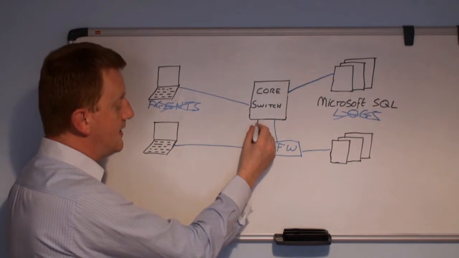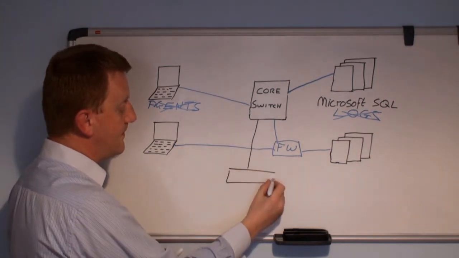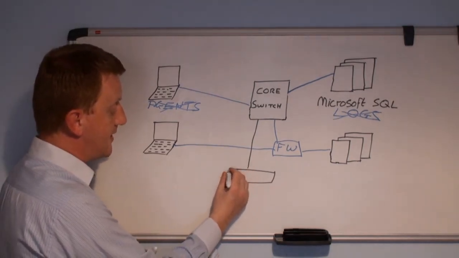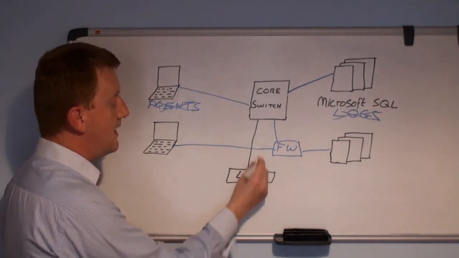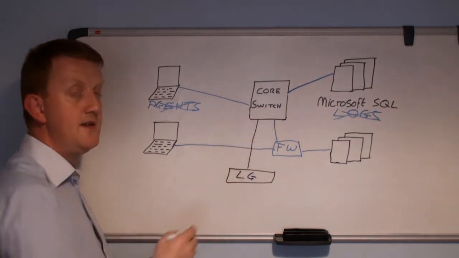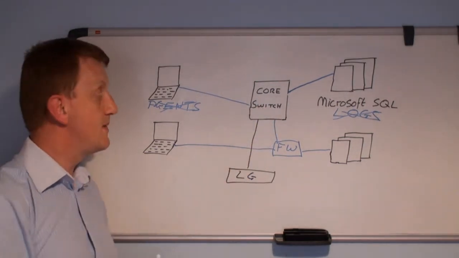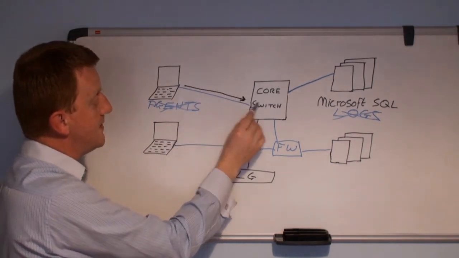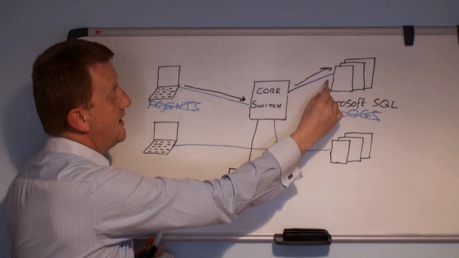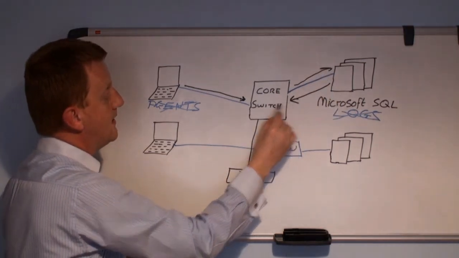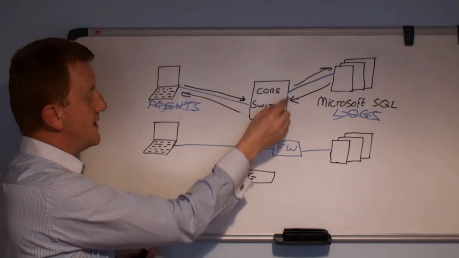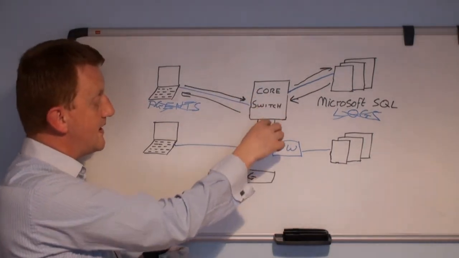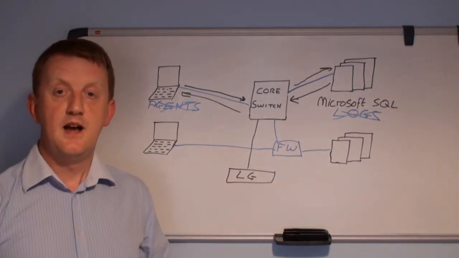Our approach is to install a system called the LAN Guardian connected to your core switch or switches, and by enabling the span or port mirroring capabilities of your switches, we get a copy of the traffic as it goes from the clients to the servers, and the servers sending data back to the clients. So as the traffic transits the core, we get a copy of it to the LAN Guardian and we analyze that.